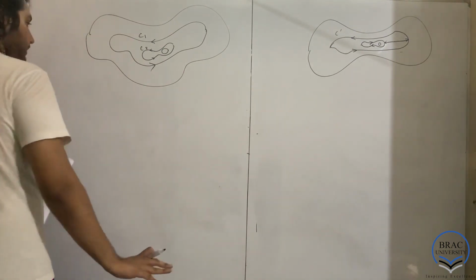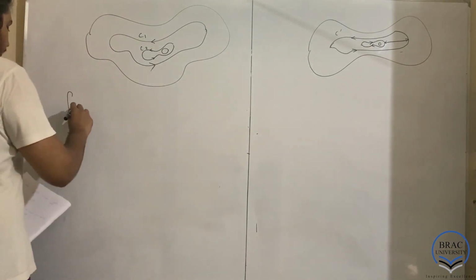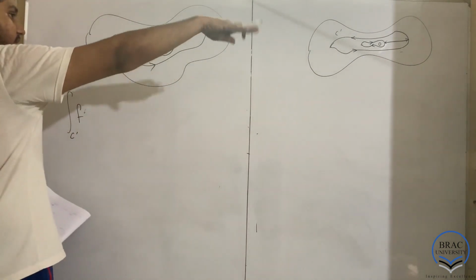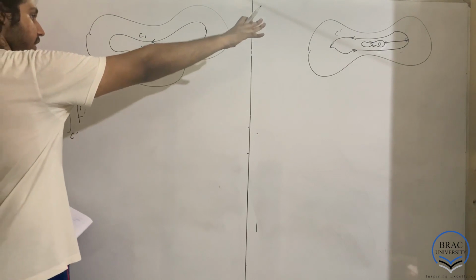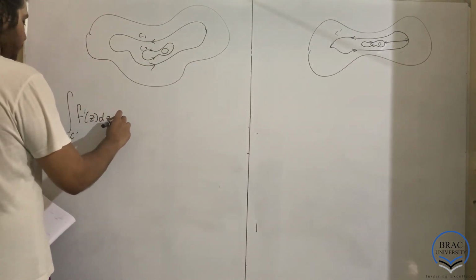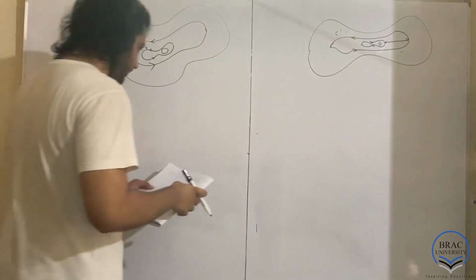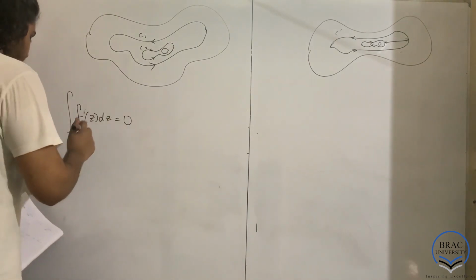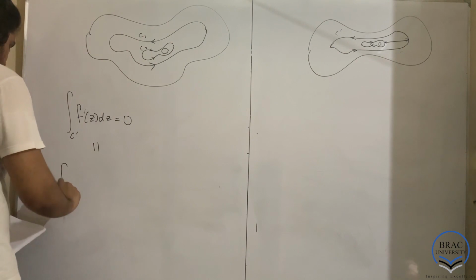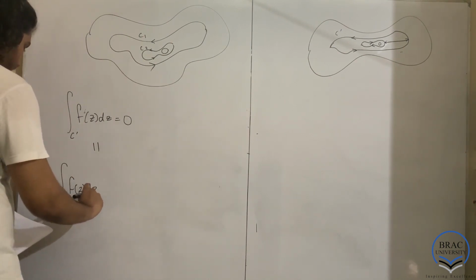Now that the form is simply connected, we can state, according to the Cauchy-Goursat theorem, that the integral over C prime, the overarching newly modified contour, of f of z dz is equal to 0. But we must break it down, because there are quite a few substructures inside C prime. So first off, we have the integral over C1 of f of z dz.